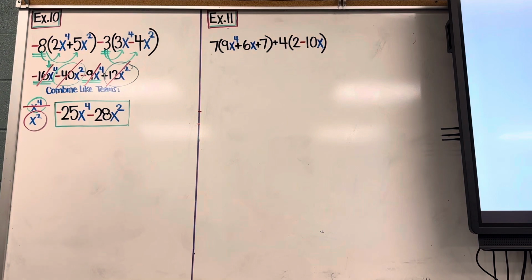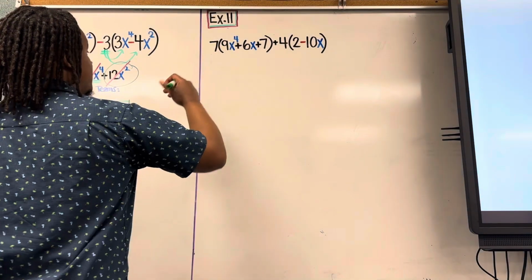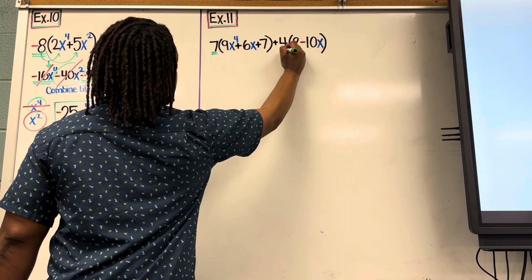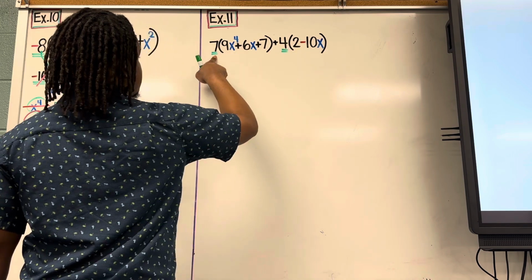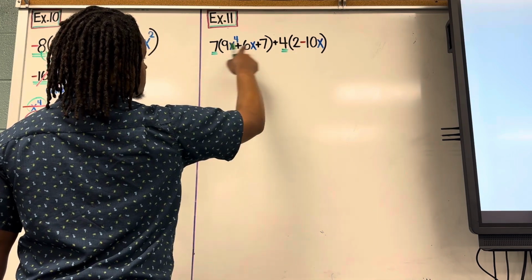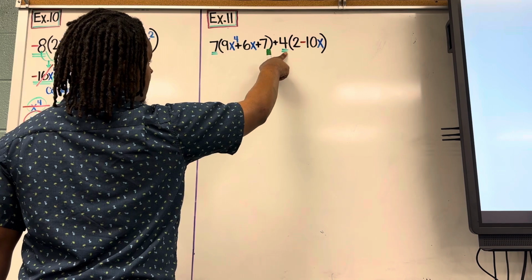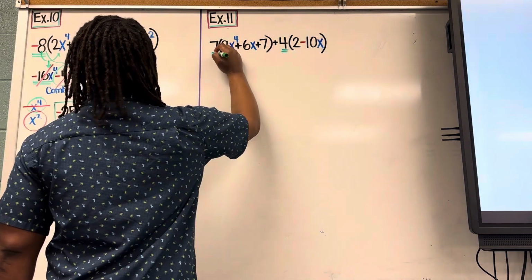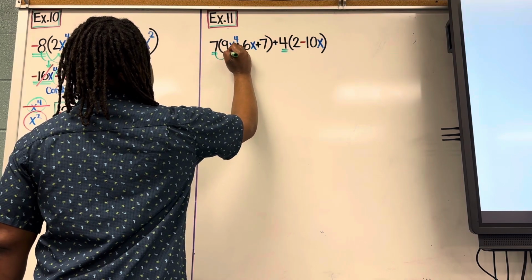So once again, guys, I see that I have 2 sets of parentheses, so I always need to see if there's a number attached on the outside of the parentheses that I need to use to distribute, which I have. 7 is attached to the outside of the first parentheses, and 4 is attached to the outside of the second parentheses, okay? So now let's go ahead and multiply.